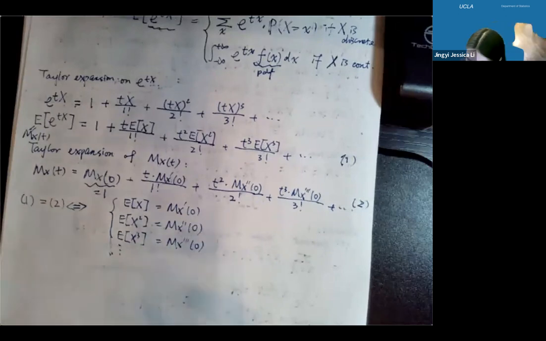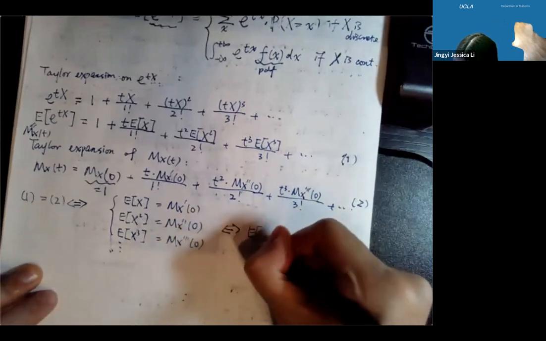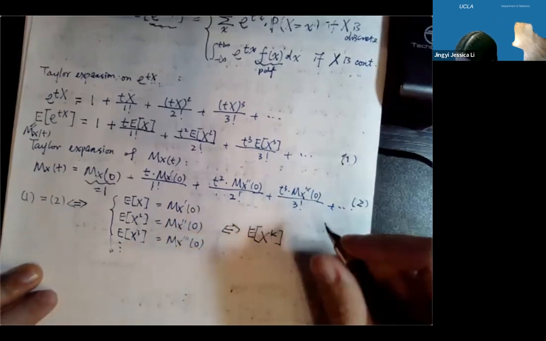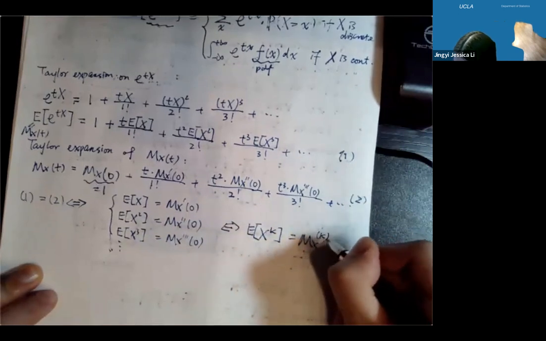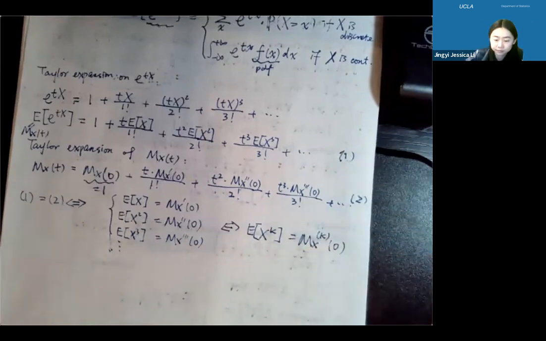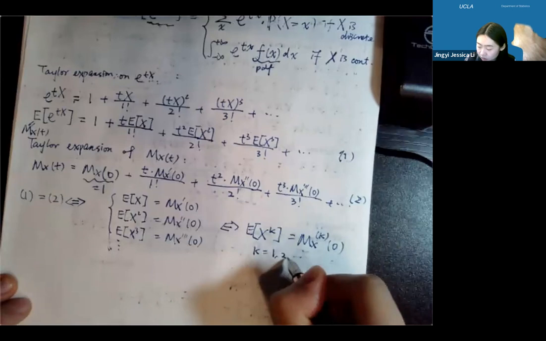So in other words, in summary, this means that we have the expectation of X to the power k equal to the moment generating function, taking the kth derivative at 0. Okay, and this k can be 1, 2, and so on.